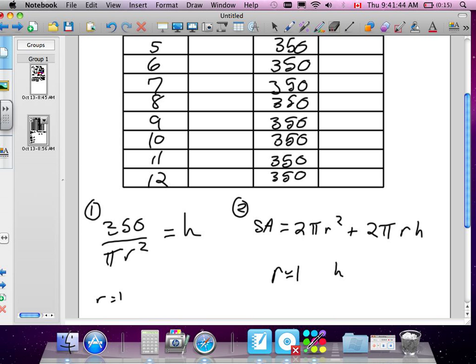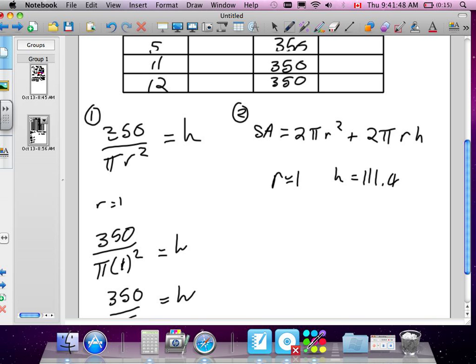111.4. So we plug them in. Surface area is equal to 2 pi 1 squared plus 2 and we go to solve this.